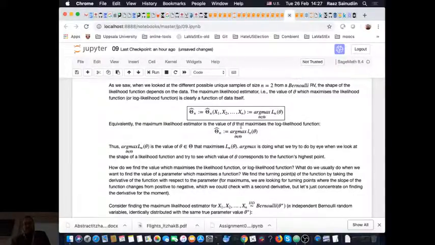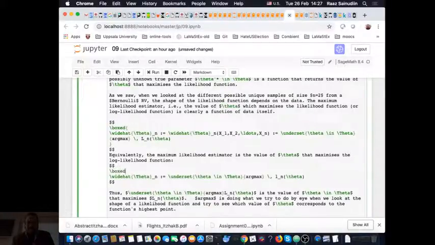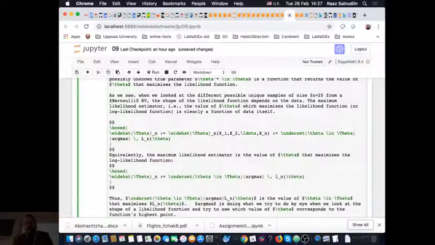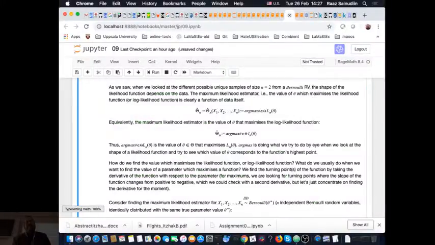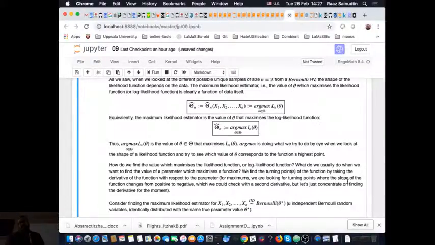Now this is the point. Because of the monotone property, theta hat can just be the argmax of the log likelihood itself. You can take these notes; they are under a Creative Commons license. The source I'm generating this from is actually unlicensed, so you can put your own name on it and use this content for your own notes.